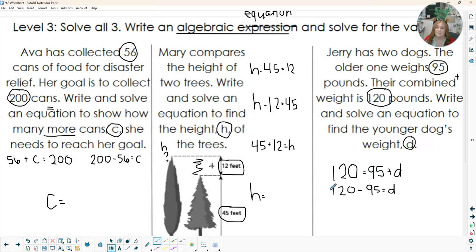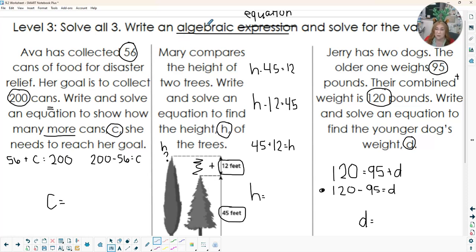Minus 95, 120 minus 95 equals D. I could also do 120 minus the little dog to equal the big dog, 95. And then I'd have to still get D by itself. So this equation right here is our simplest one because the variable's already by itself. So now your job is to go ahead and solve and tell me what is the answer to D. How much does that dog weigh?